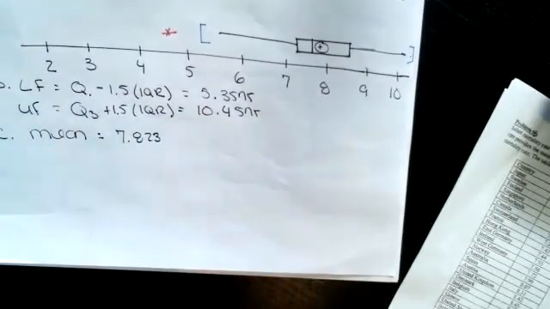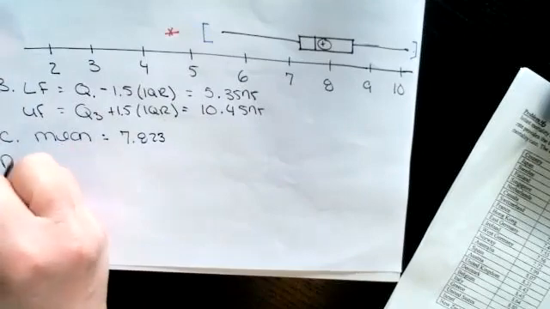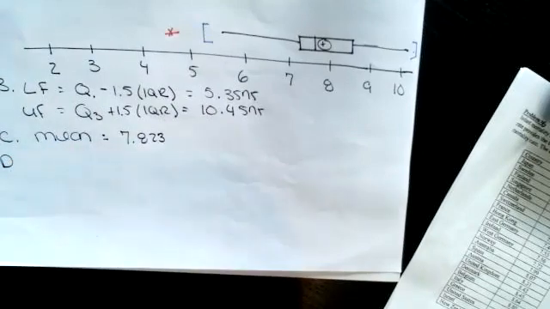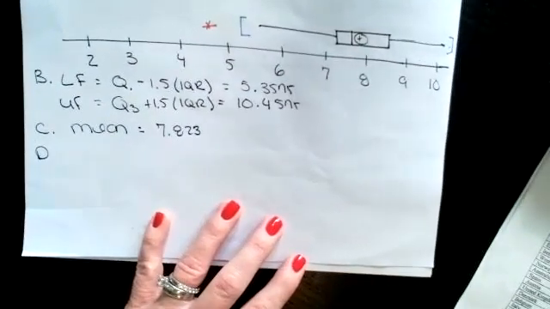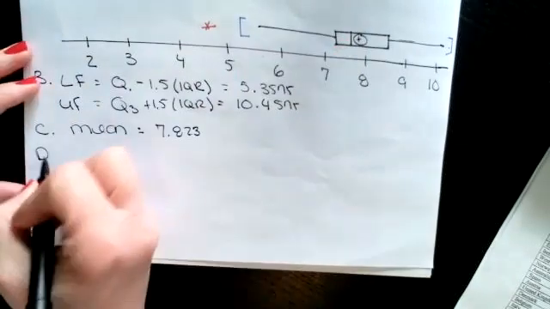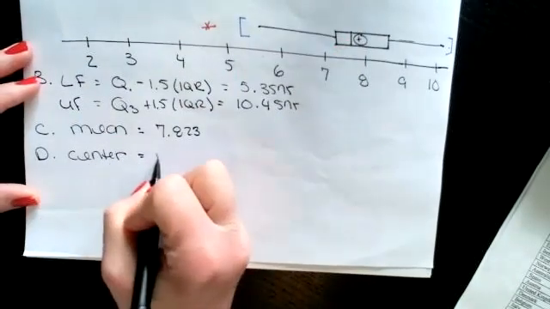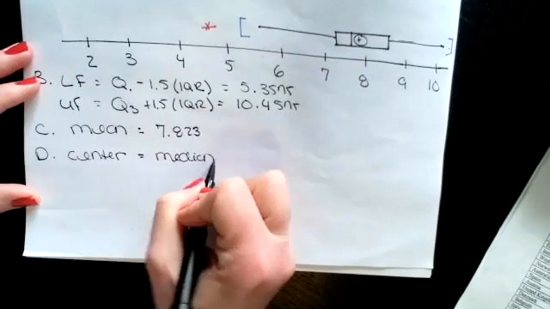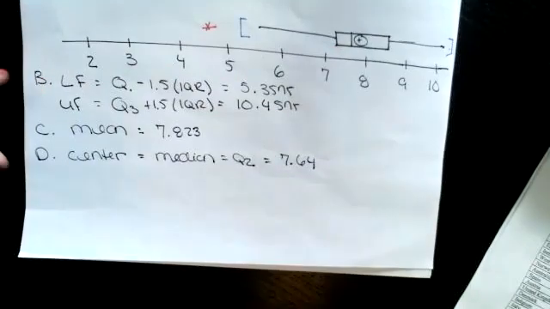Now it says use your box plot to answer each of the questions below. All right, so what is the typical value? When we're looking at a typical value, that's the center. When we're looking at that in a box plot, it's the median, okay? So my center here is equal to the median, which is equal to quartile 2, which is 7.64.